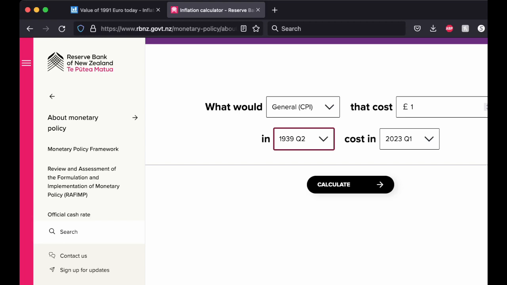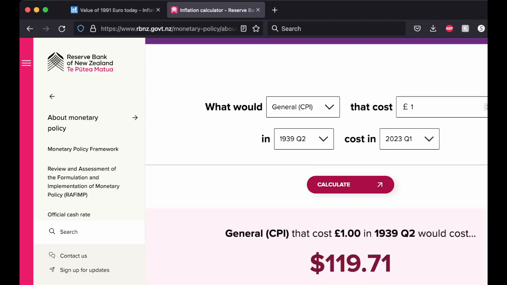But okay, so that's New Zealand dollars today. So wow, that's 100-fold. So again, huge differences.